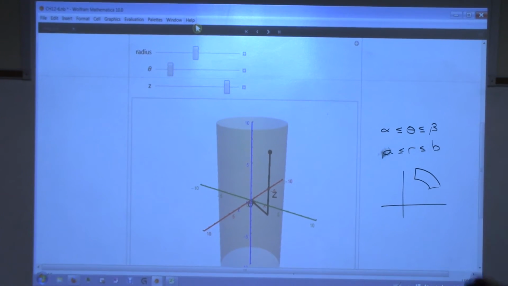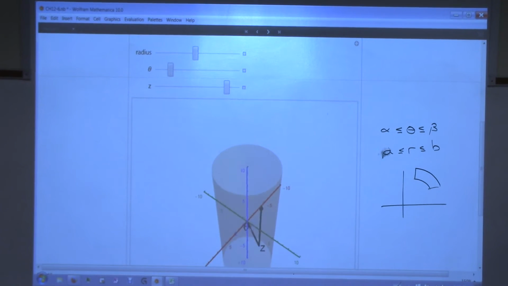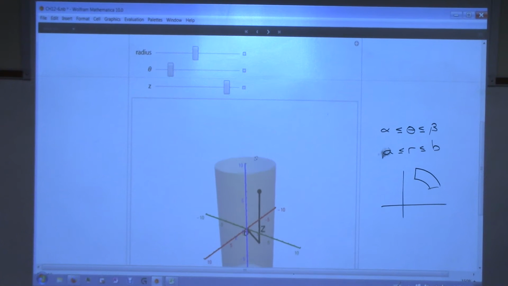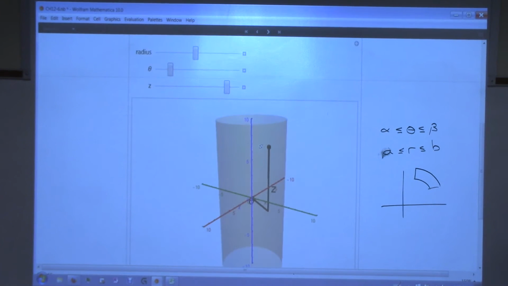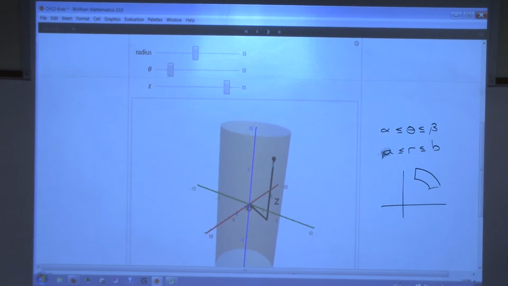I remember the first time I was introduced to this, my professor, he was pretty cool. He called this, because we think about Earth, we live in three-dimensional space, right? The planet we live on is a sphere, right? And we'll have spherical coordinates coming up soon. It would be a planet that would look like a cylinder.